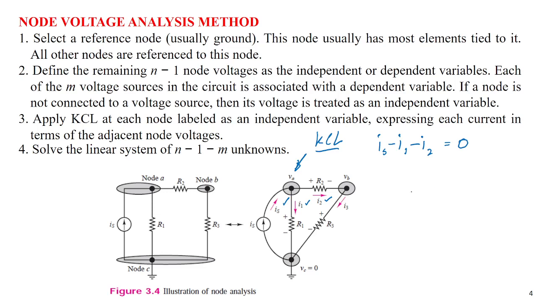Is is known, we know this value. So Is minus I1, which is VA divided by R1, minus I2, which is VA minus VB divided by R2, equals 0. Okay.